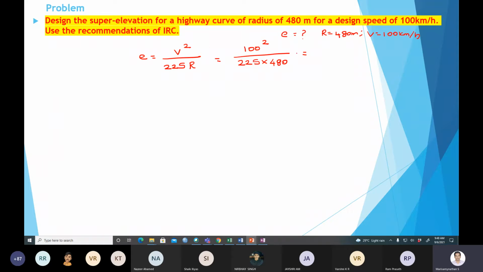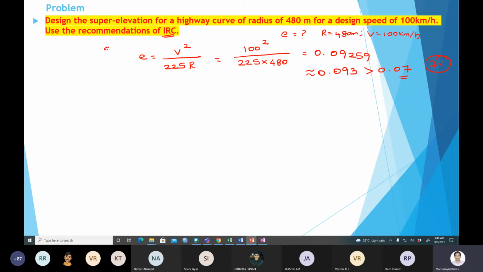I am getting the value in the calculator as 0.09259. So approximately we can fix it as 0.093, which is greater than 0.07. As per the IRC, for Indian conditions, 7% is the maximum permissible value.